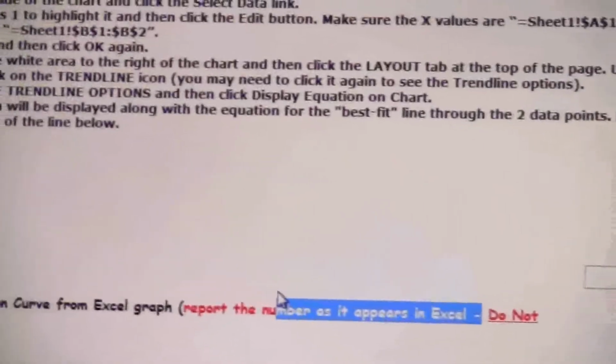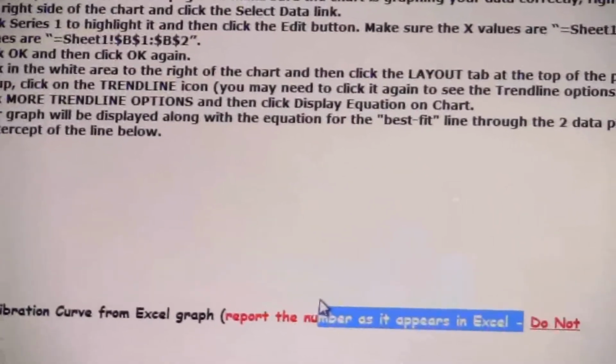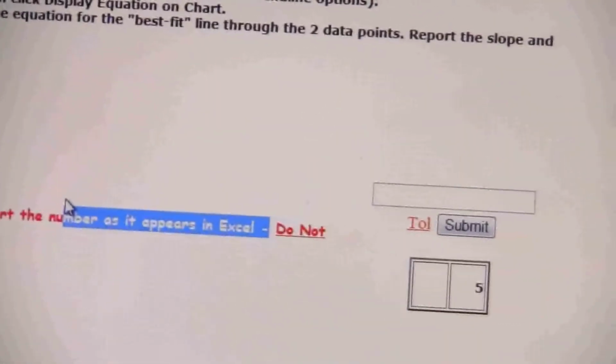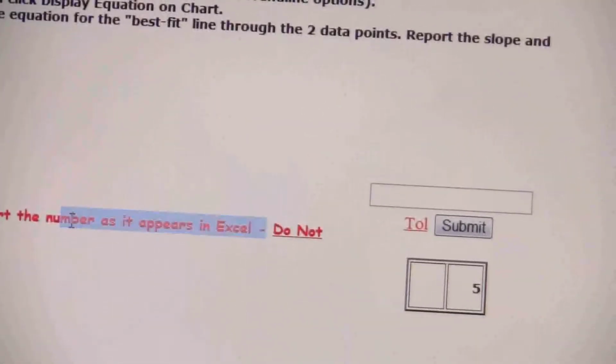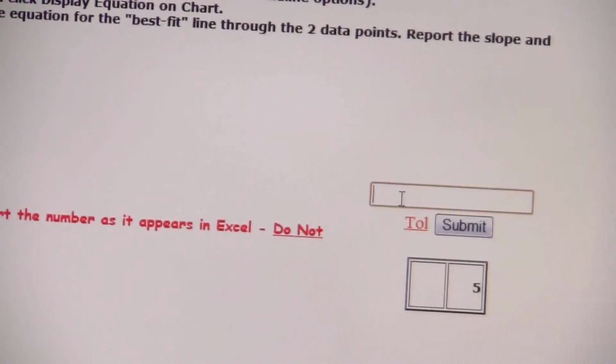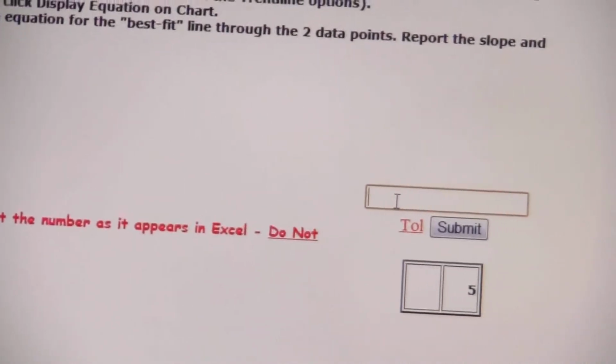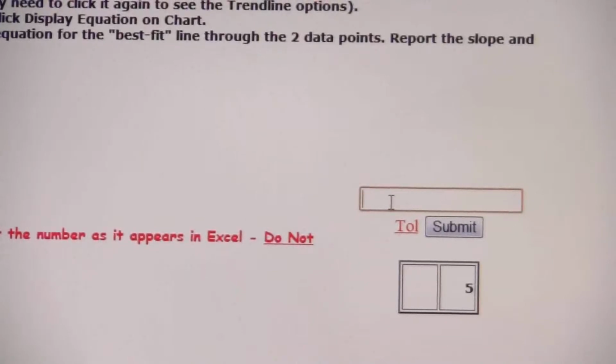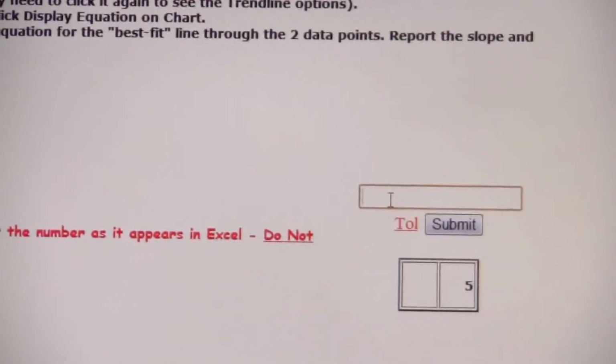So once you do the Excel graph using that data that I just put in, you can do that and put in the slope that you get from there. And I have a video already posted on how to do trend lines in Excel, and that will help for generating that calibration curve as well.